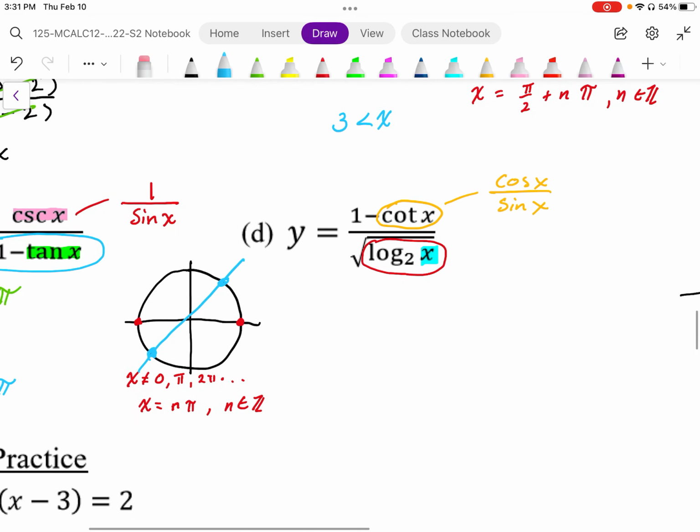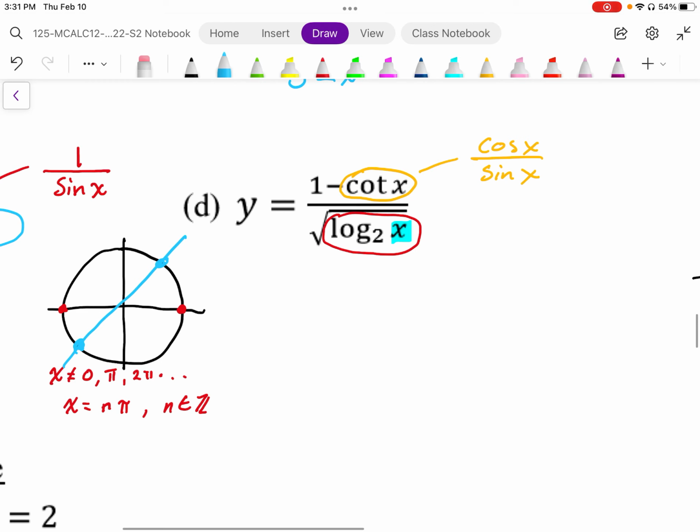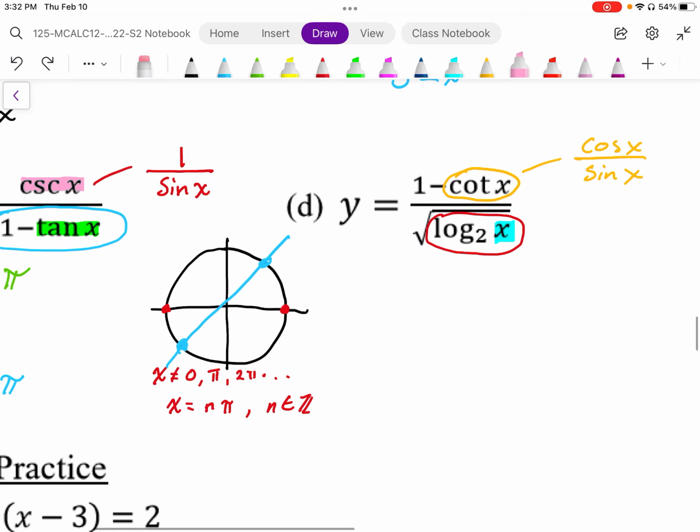For D, we have the cotan. The numerator is usually not a problem, but the cotan has a divide by sine. So we're going to have the same restriction here as we did here, so we can double up on that.